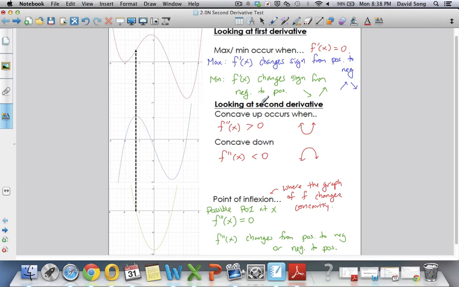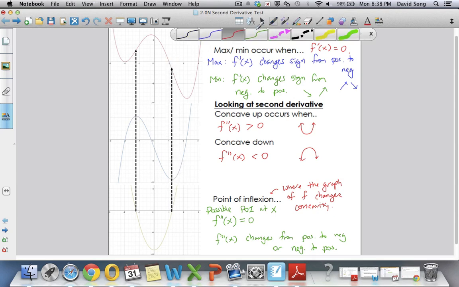There's another point like that right here. Let's go straight up. Right there is where the concavity changes. Right here is concave down, and here concave up, and that's exactly where the point of inflection happens. That's when the concavity changes.